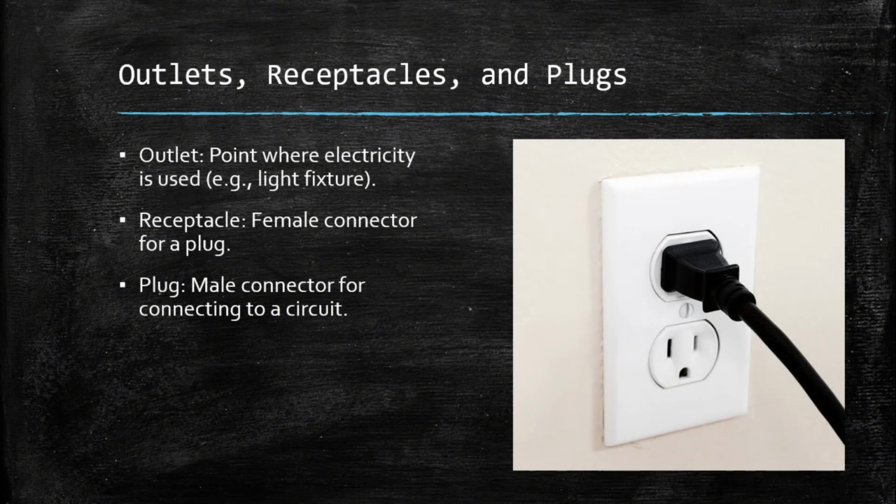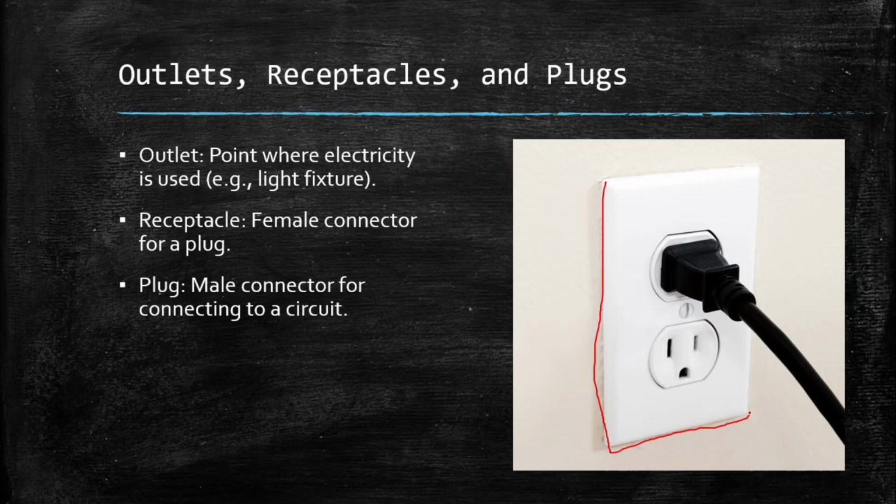Next, we have the outlets, receptacles, and plugs. Let's break down common components. An outlet is where the electricity is made available, like a light fixture or a wall socket. A receptacle is the female connector where plugs are inserted, and a plug is the male connector that brings power to a device.